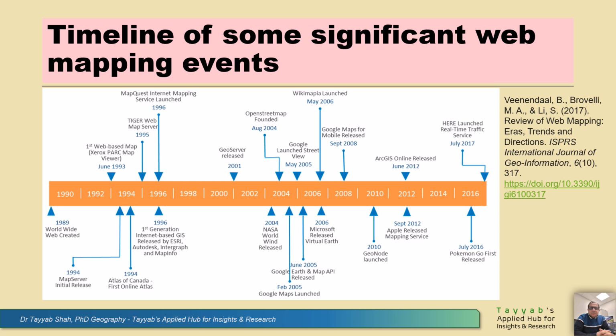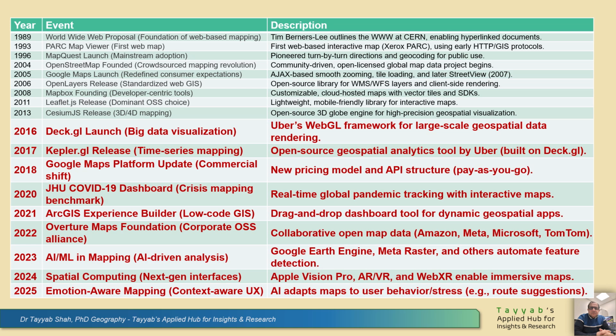The major milestones: in 1989, the concept of the WWW; then the first web map, MapQuest, was launched; OpenStreetMap was in 2004; and then Esri introduced ArcGIS Online in 2012. These are the significant events related to web mapping.